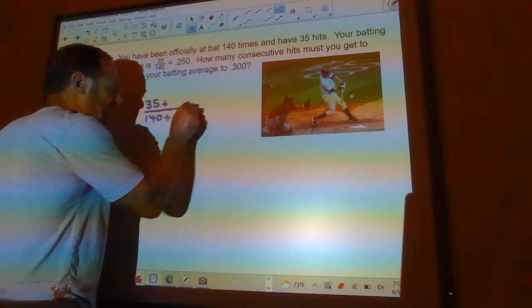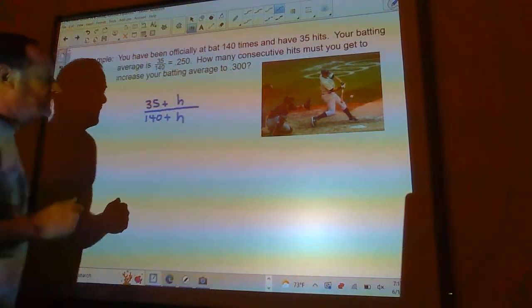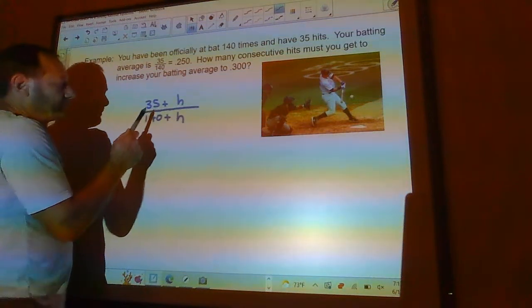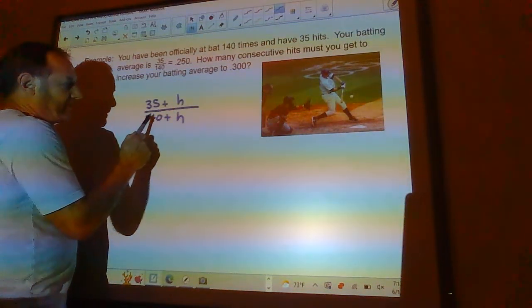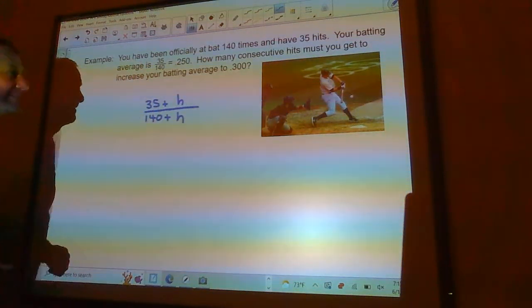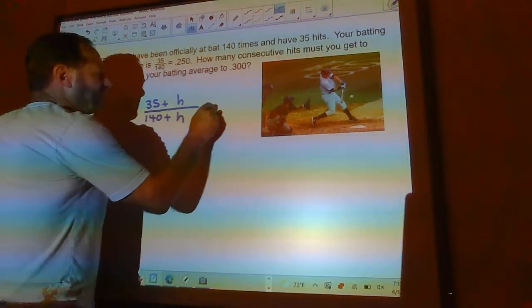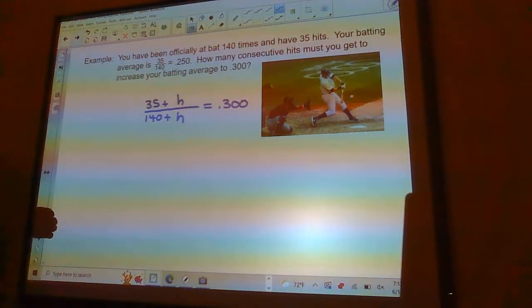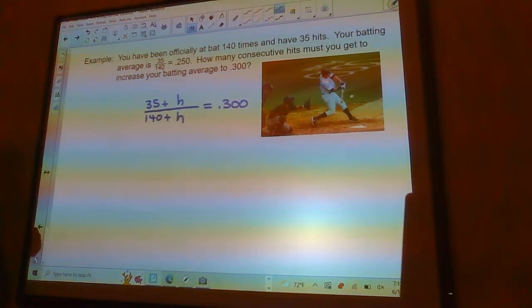So this is how many hits I need to get. All right, now I added this to both of these because every time I come up to bat, that's going to increase the number of times I've been at bat, and I need to get consecutive hits, and I need that to equal .300. So I get a batting average of .300, which is a very good batting average in the major leagues.